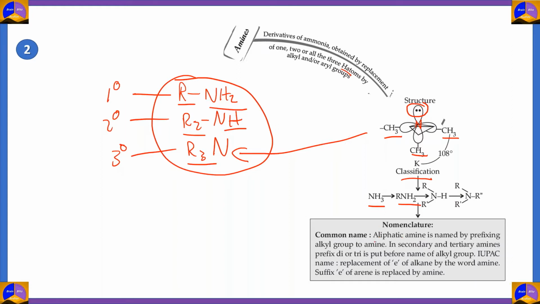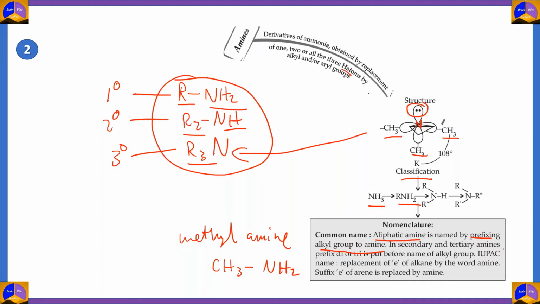To identify the common name, the aliphatic amines are named by prefixing the alkyl group to amine. So, for example, methylamine. So that would be CH3NH2.